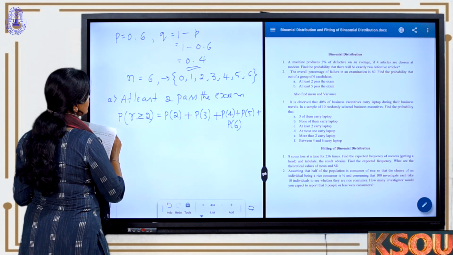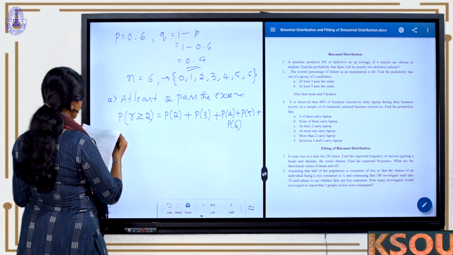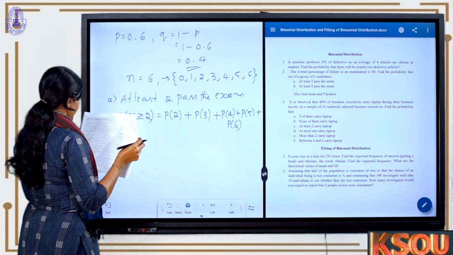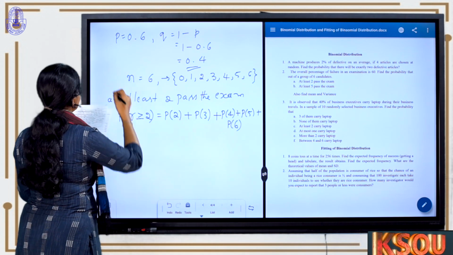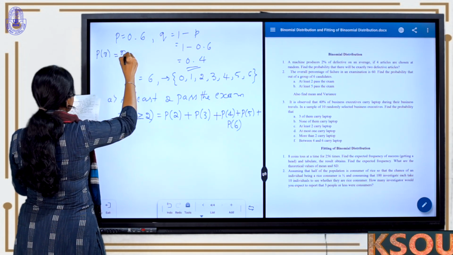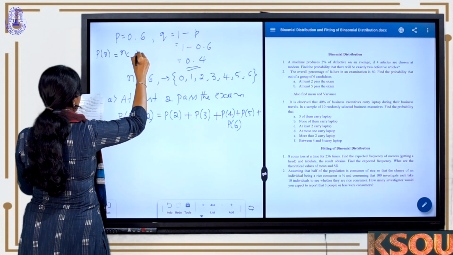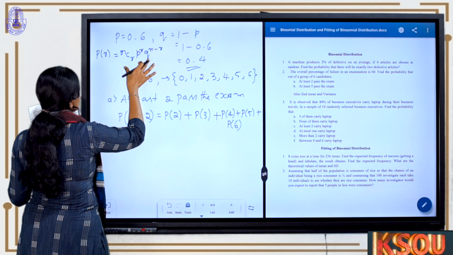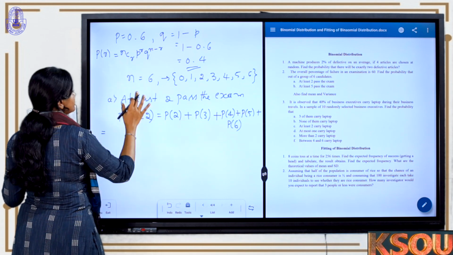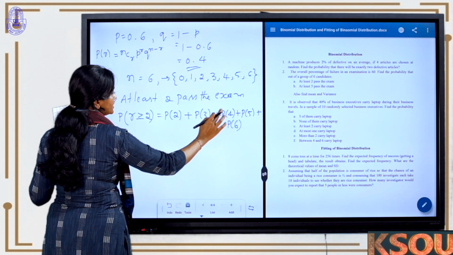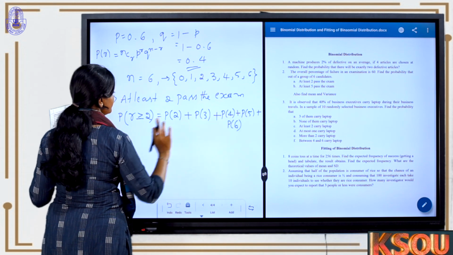The formula for binomial probability distribution is P of R is equal to NCR P to the power of R Q to the power of N minus R, isn't it? So you will have to take this formula separately for P of 2, P of 3, P of 4, P of 5 and P of 6.